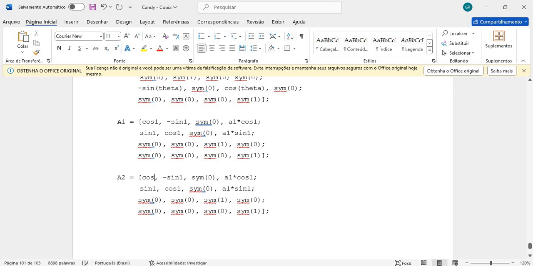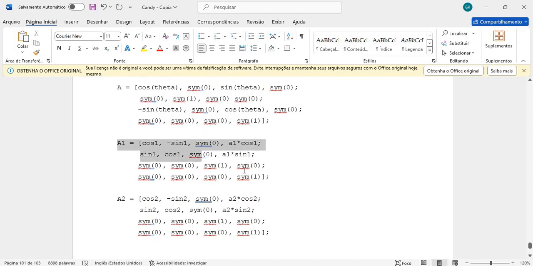Right here is cosine of 2, minus sine of 2, 0, right here is A2 cosine of 2; sine of 2, cosine of 2, 0, A2 times sine of 2, and this is it. Well, I'm not sure if it's going to work, but let's try.